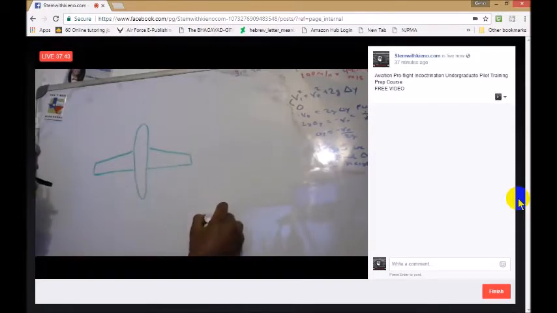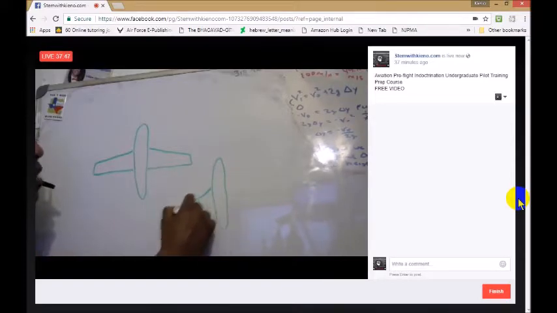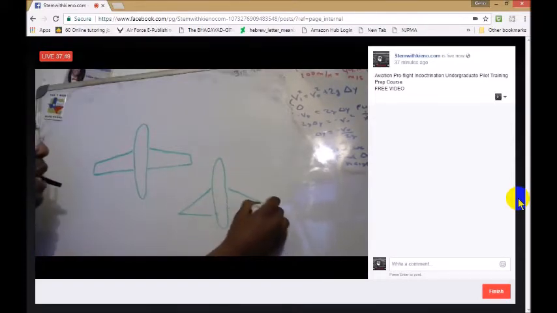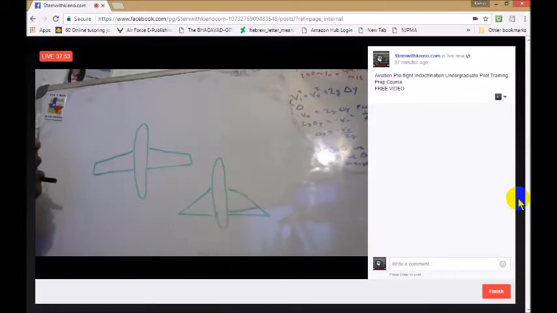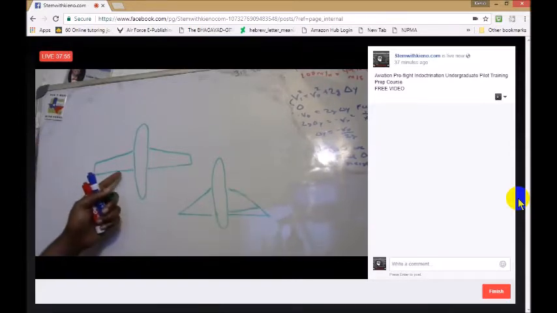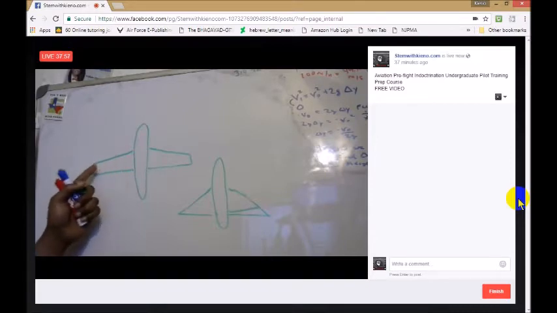And then you may have something like a delta wing. So you have a straight wing, or it's pretty much straight. It's tapered in the front. And you have a delta wing.